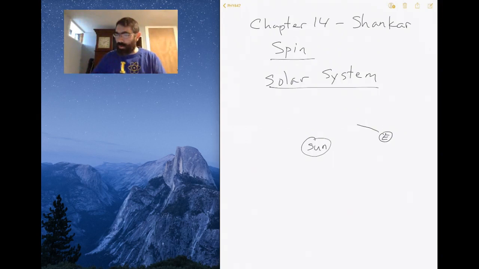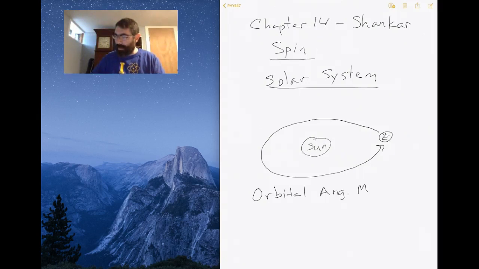The Earth orbits the sun with an angular momentum, and this would be analogous to our orbital angular momentum that we worked on in chapter 12, which was basically L squared and LZ. So in this case, the orbit of the Earth creates an angular momentum LZ.